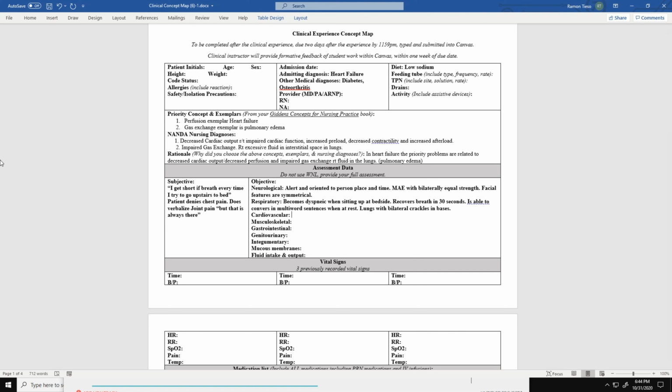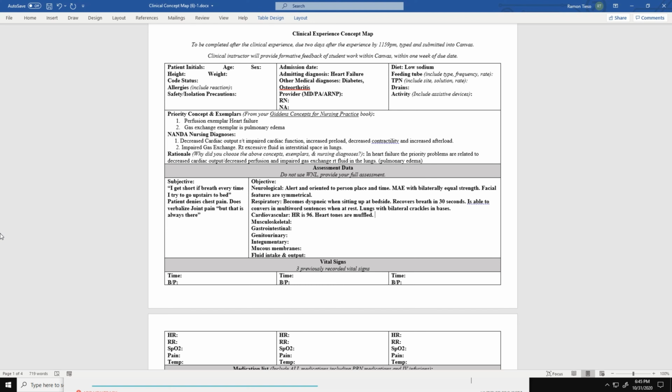Cardiovascular, I'd say, let's say his heart rate is 96. Heart tones are muffled. Let's say that this guy has a murmur, because maybe he's got a mitral valve prolapse, and that's the problem that he's got. So you would just chart that right here.